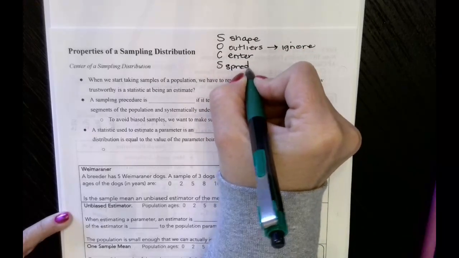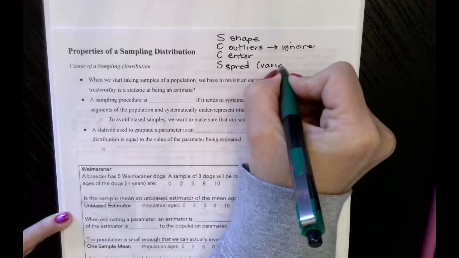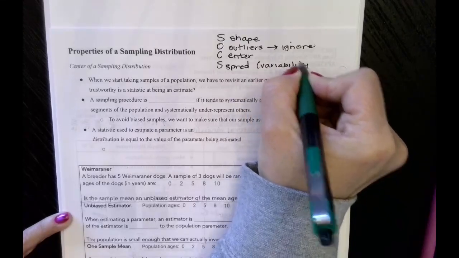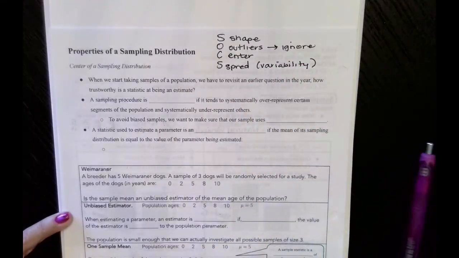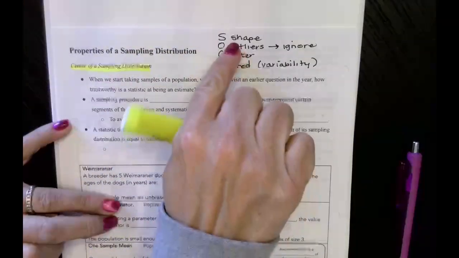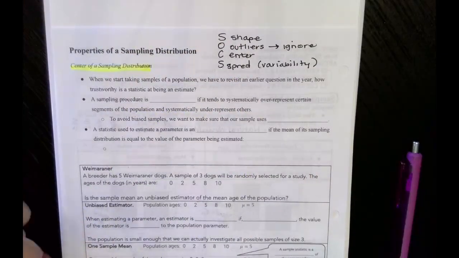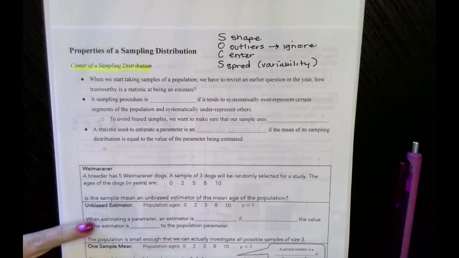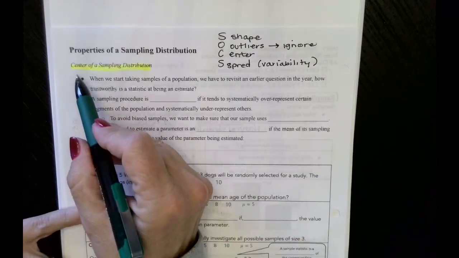And remember, our spread here is our variability. Okay, so we're going to start with center. I know it's not our first, it's not our shape. We're not starting with the first one, but with these notes, it started with center, so we're going to go with that.